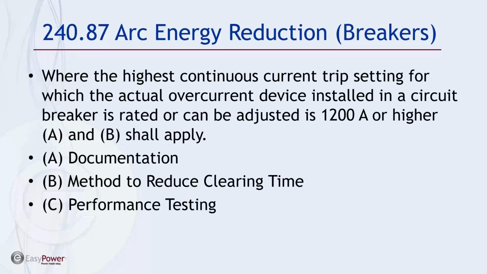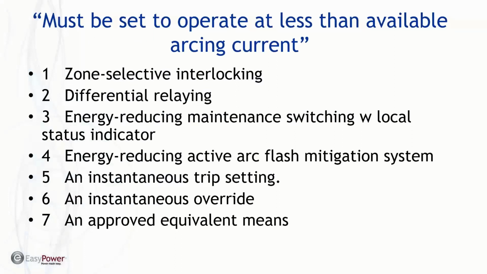Now, when it comes to breakers, a very similar restriction, and the guidance here is where the highest continuous current trip setting for the actual overcurrent device in a breaker is rated or can be adjusted at 1200 amps or higher. And then again, the documentation method and the list of the methods to reduce clearing time and performance testing is also included in 240.87.